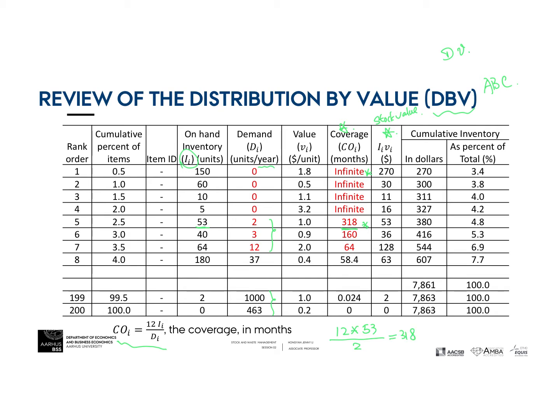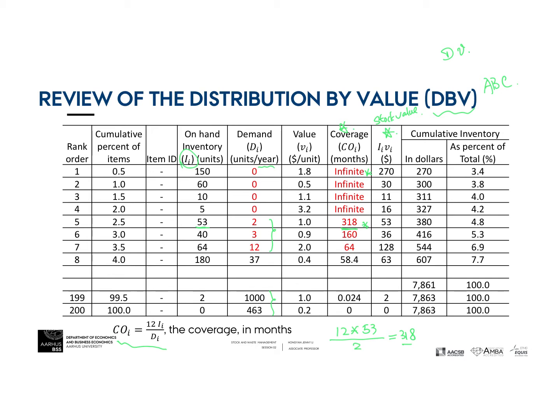So this 53 is inventory divided by your yearly demand of 2. Then you can basically hold this inventory to satisfy the demand for about 26.5 years. And each year is 12 months. That's why we got 319 months. Similarly, you can see the other calculations.